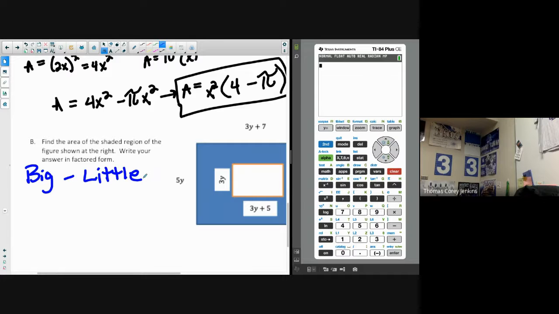We want to take the area of the big one, which is 3y plus 7 times 5y, and then take away 3y times 3y plus 5.